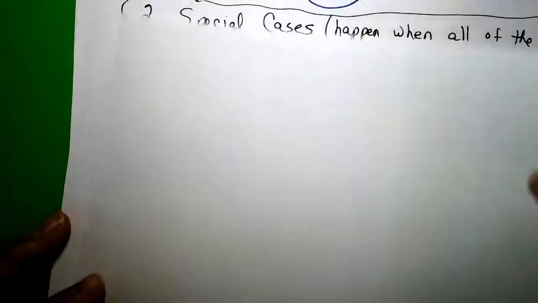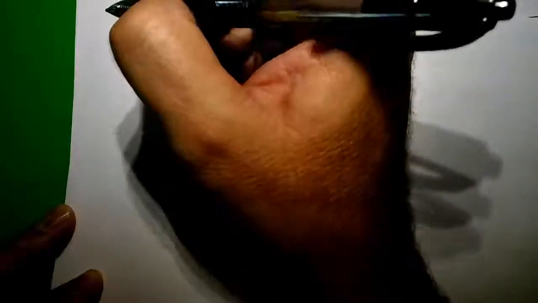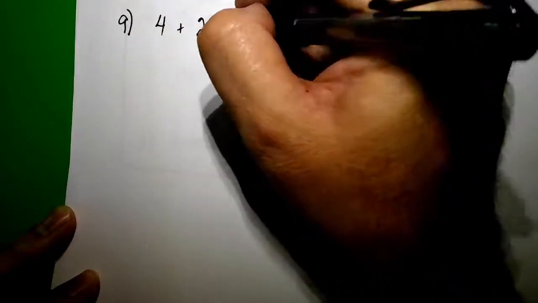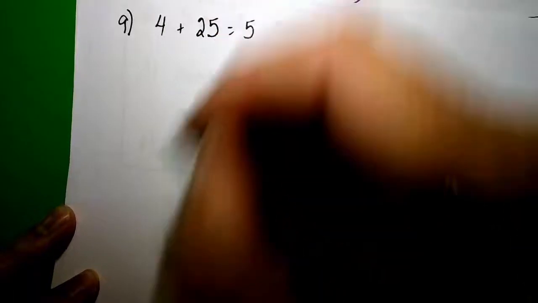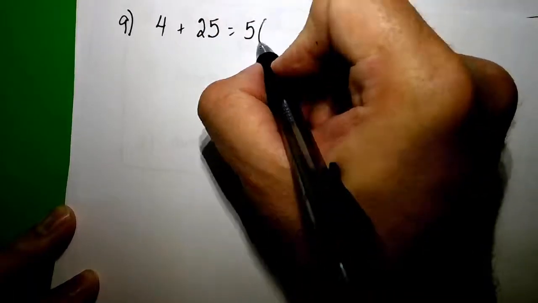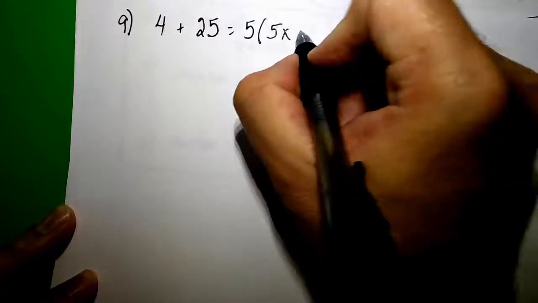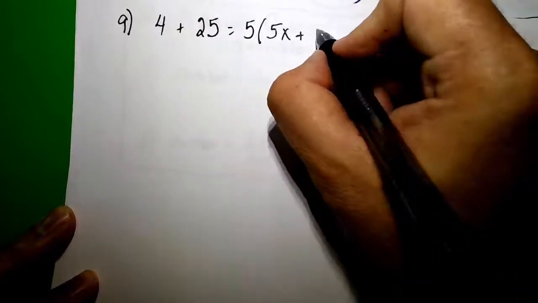Let's see. This is going to be example 9. How about this? 4 plus 25 equals 5 parentheses 5x plus 2.